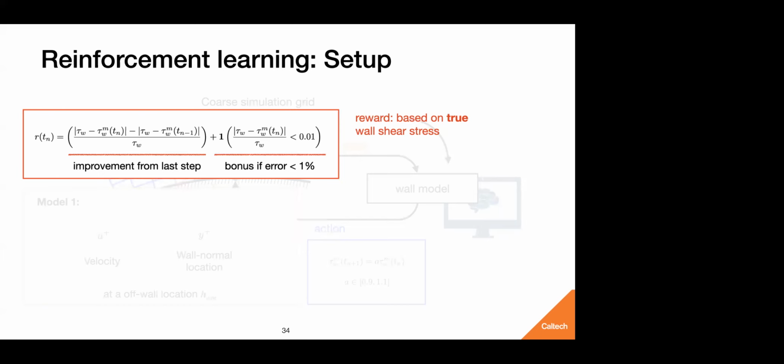No. This is just saying that at a given time step, how we obtain the reward for the system. So the reward is given based on how much we improved from the last step. Obviously, if we improved a lot, the reward is going to be high. If we didn't improve at all, or if we even gave a wrong prediction, then the reward is going to be very low.